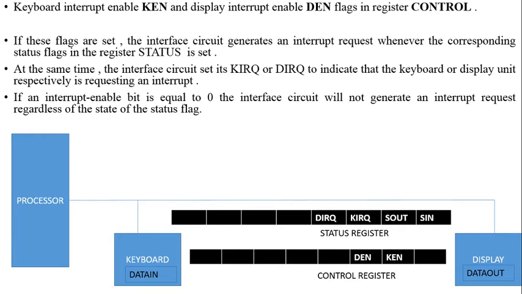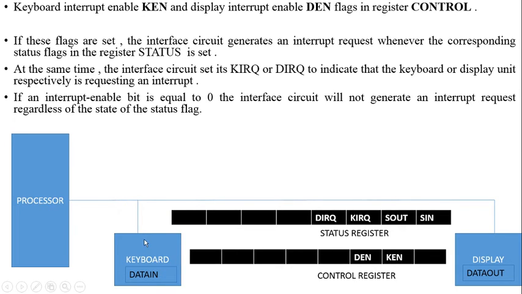Okay, whenever a user or programmer passes some input value through the keyboard and it is loaded into the data in register of the keyboard, it automatically sets the SIN bit value equal to 1. Whenever SIN equals 1, the keyboard wants to inform the processor that the data in register is loaded with a new value, so it generates an interrupt request.